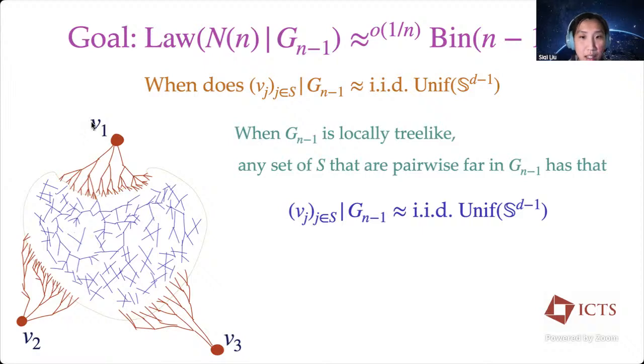Let's say our set S consists of V1, V2, and V3, three typical points in the graph. Because it's locally tree-like, we can draw a small tree around each of V1, V2, and V3, and they will be disjoint. Removing all these trees will still leave many edges and many vertices in the rest of the graph.